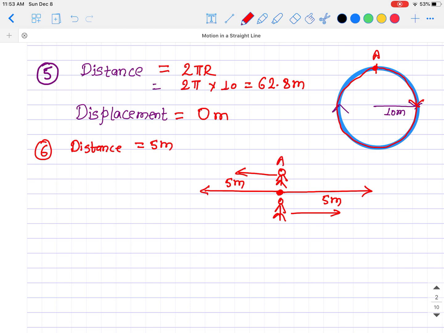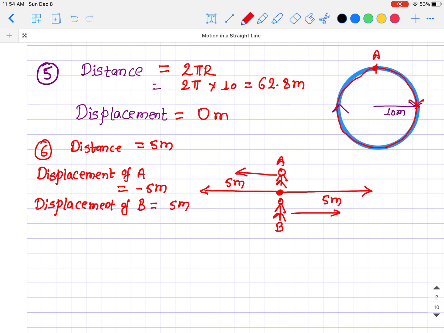And now the displacement. Let's call this A and this B. The displacement of A will be negative 5 meter, and the displacement of B will be positive 5 meter.